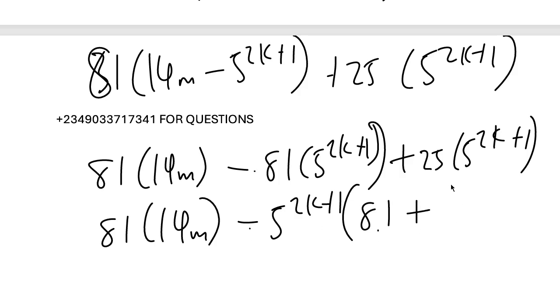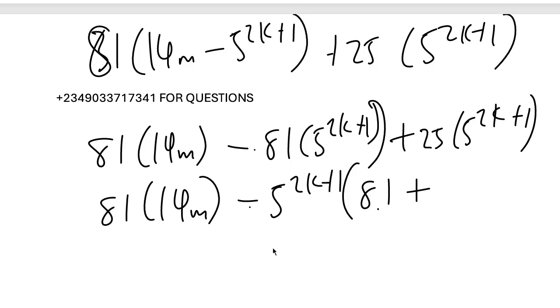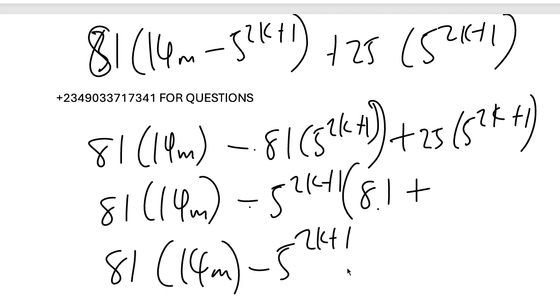Then 25 into 5 to the power 2k plus 1 divided by negative 5 to the power 2k plus 1 gives us what? So you can see now that it is 81 minus 25, because plus divided by minus is minus.